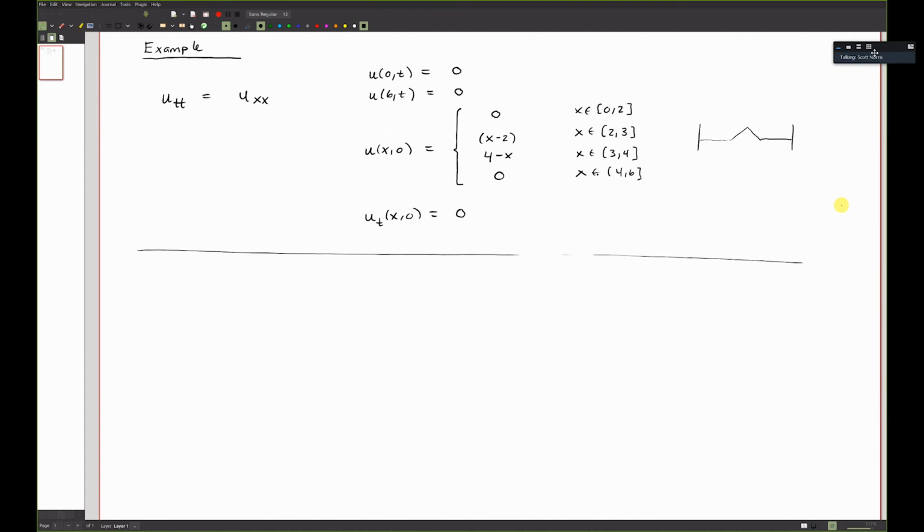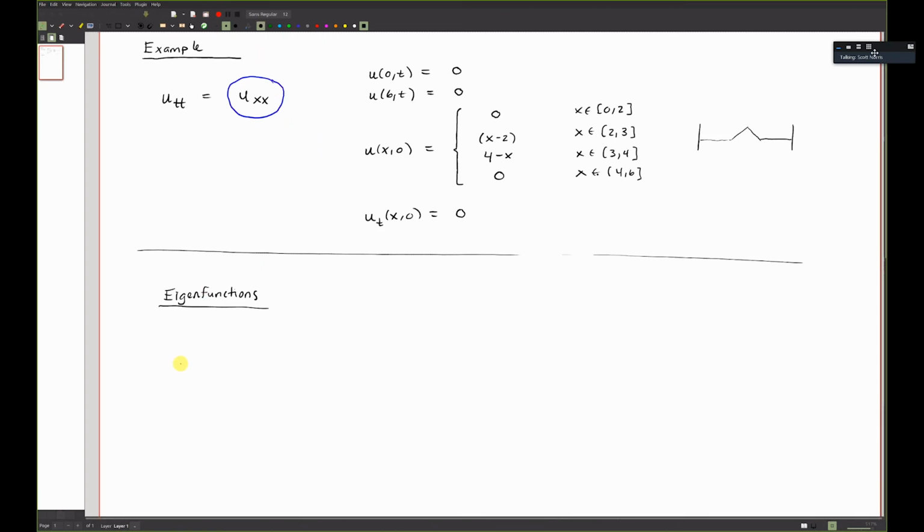And in order to find the transform, I need to find the eigenfunctions. So that's my next step. Eigenfunctions. And I need to identify the spatial operator. Here it is. Nothing complicated here, but it's worth explicitly taking the time to do that.